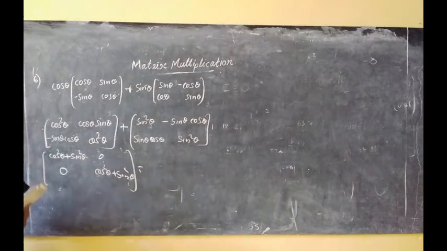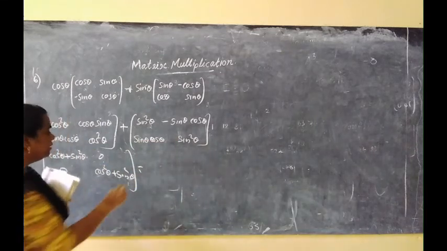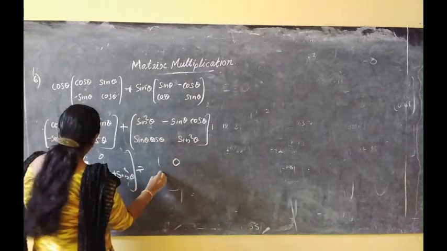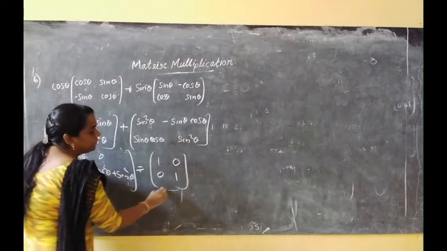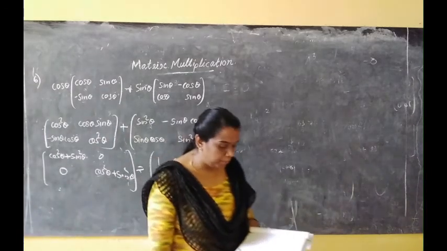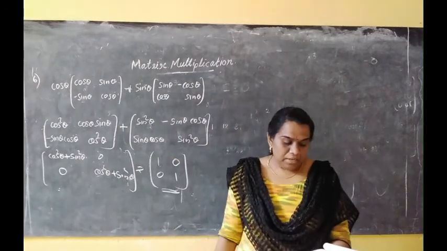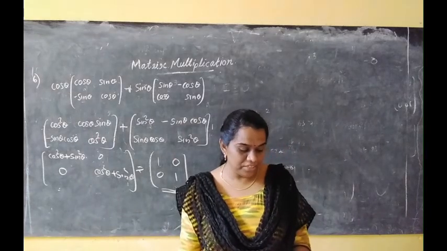Cos square theta plus sin square theta is equal to 1. Here one is plus, the other is minus, so we get 0. Minus sin theta cos theta plus sin theta cos theta on adding gives 0. Then we get 1, 0, 0, 1. It's an identity matrix. Is it so? I hope you understood this.